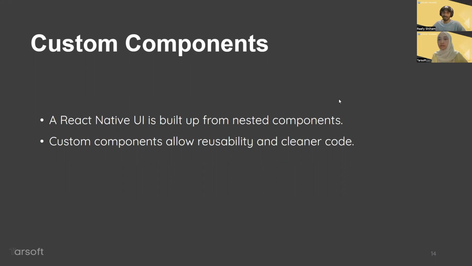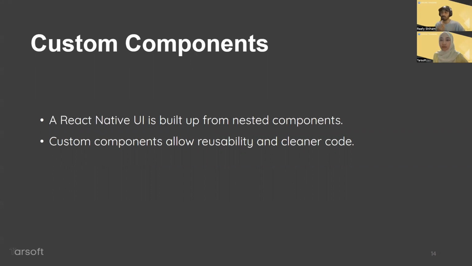Welcome. So custom components, let's say you're writing the whole application in one page, it will be very long, right? Like let's say a header component. Header components can be reused, right? So we can make a custom component out of it.